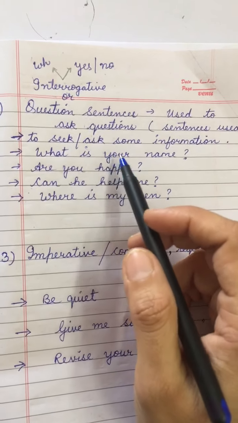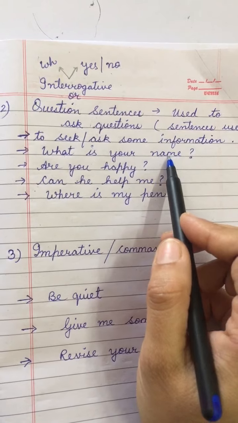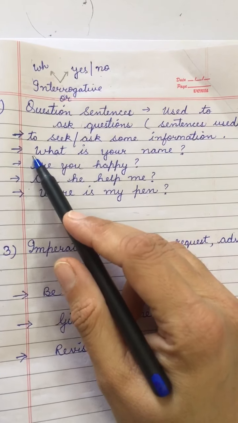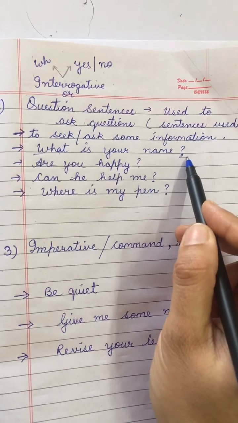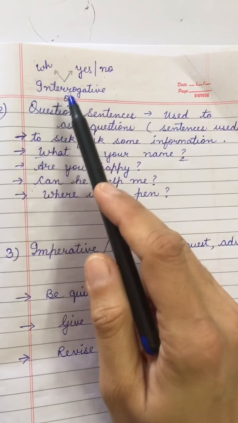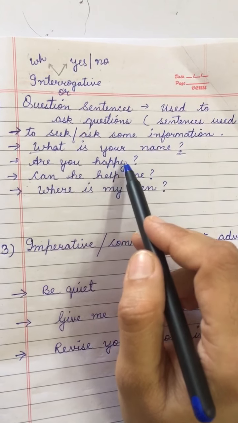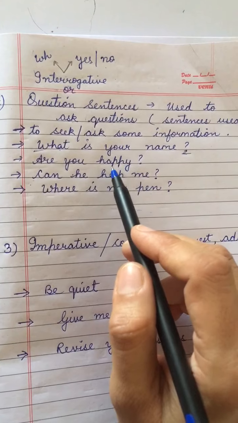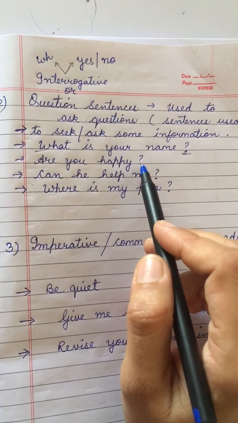Let's see it with certain examples. What is your name? That means I am asking for information. So the sentence begins with a capital letter and ends with a question mark. Right? So this comes under WH, interrogative or question sentences. The other one is: Are you happy? I am asking whether you are happy or not. So the answer would either be yes or no. Right?